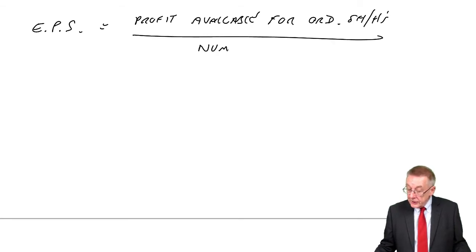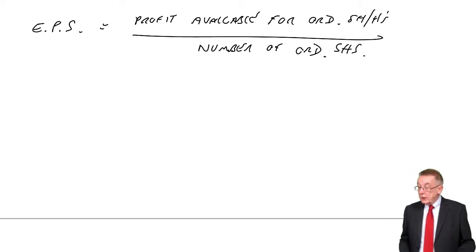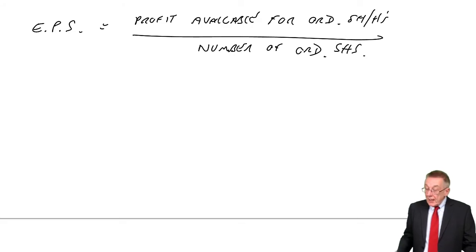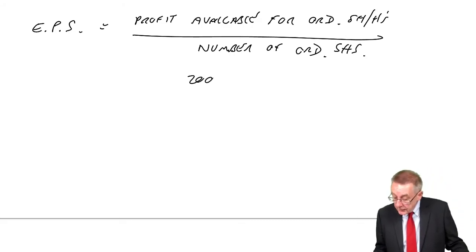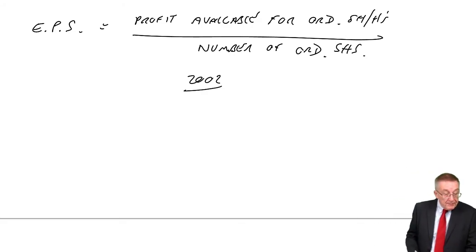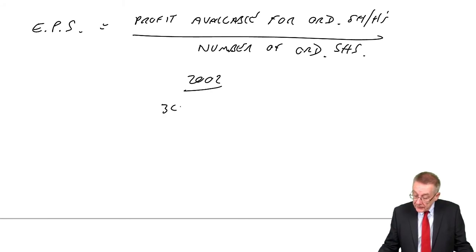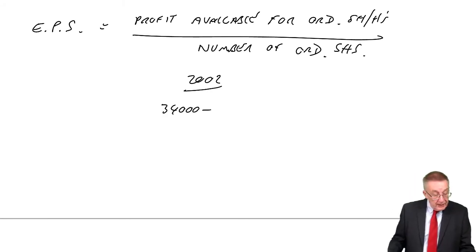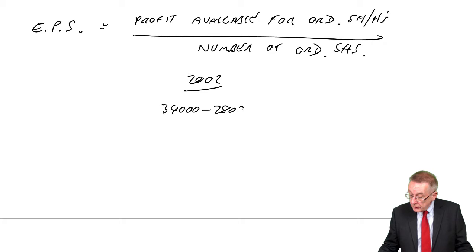Divided by the number of shares. Sorry, my writing could be a bit better, but never mind. So, 2002, the profit available. The profit was 34,000, but preference dividend 2,800.